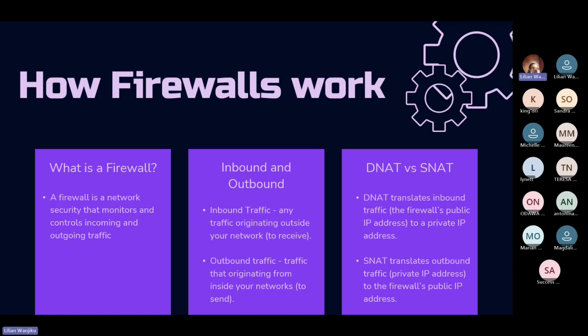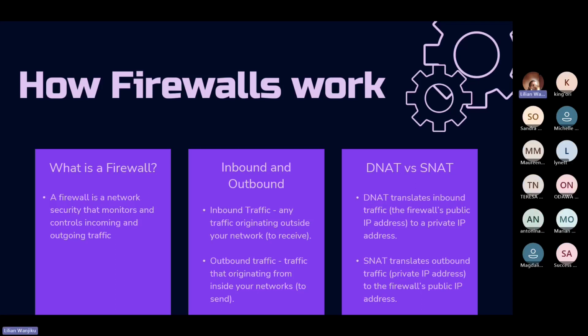That is why DNAT is there. The traffic has been received outside the network, the firewall takes it up, and then it sends it to the specific device it was intended to go to. That is the work of DNAT.